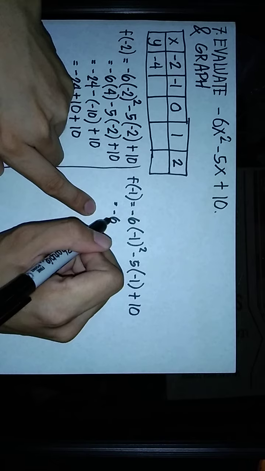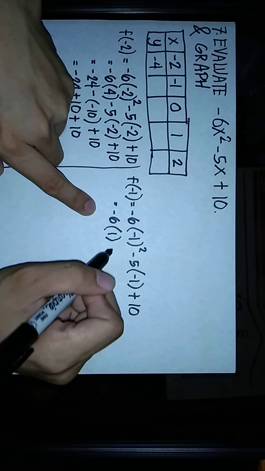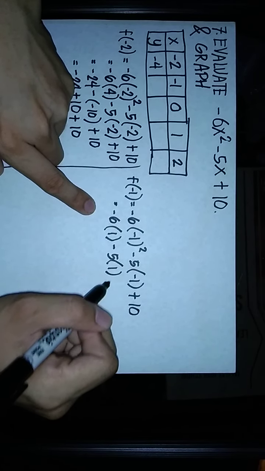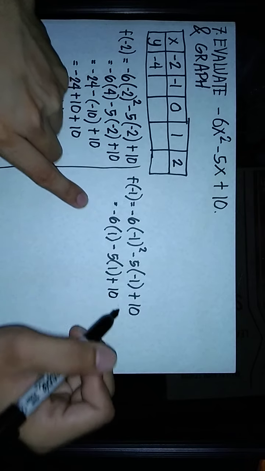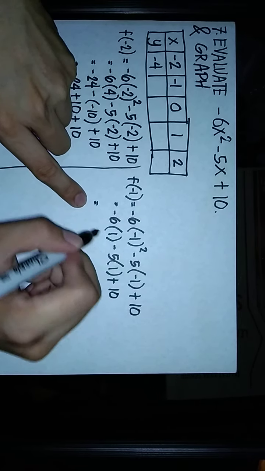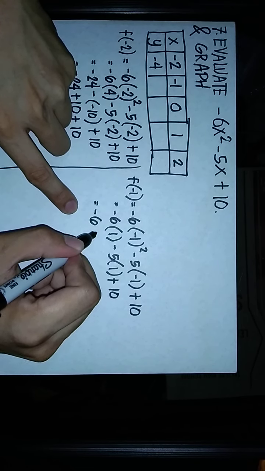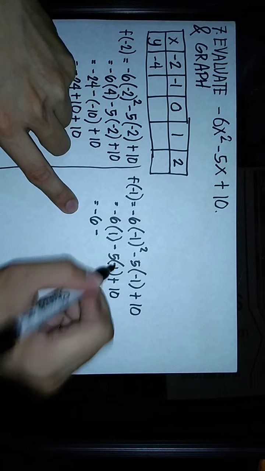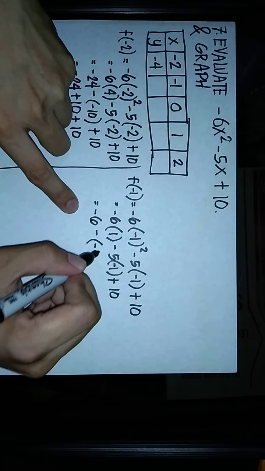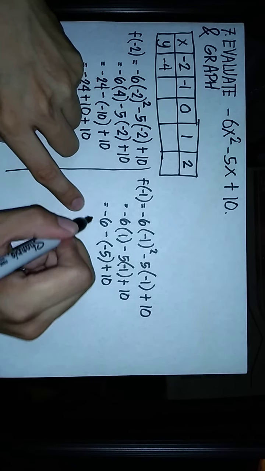We have negative 6 times negative 1 squared, that is equals to 1, minus 5 times 1, plus 10. And then, we will have negative 6 times 1, that is negative 6, minus 5 times negative 1, so we will have negative 5, plus 10.